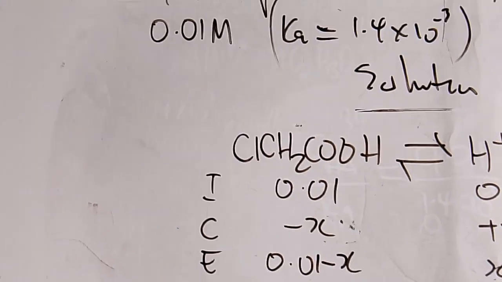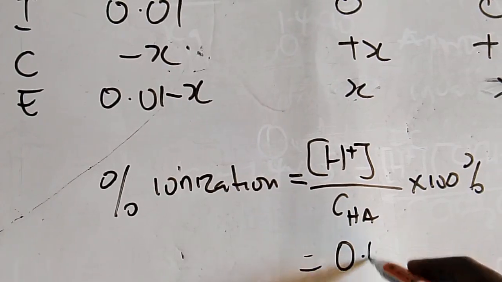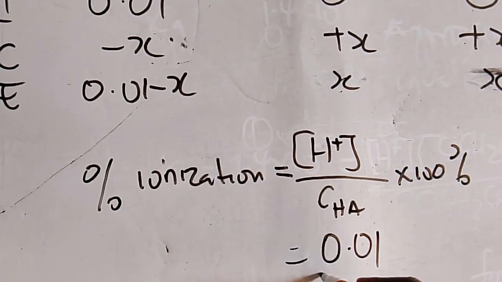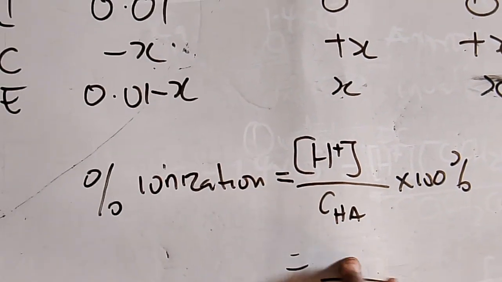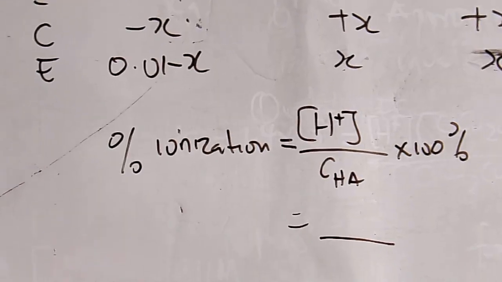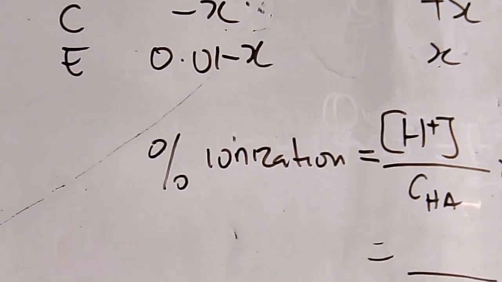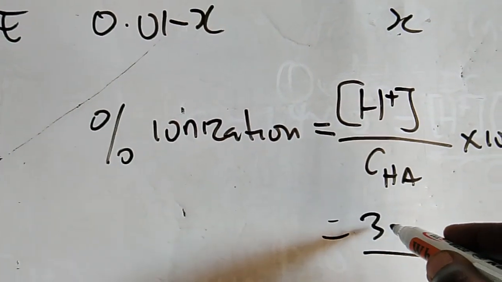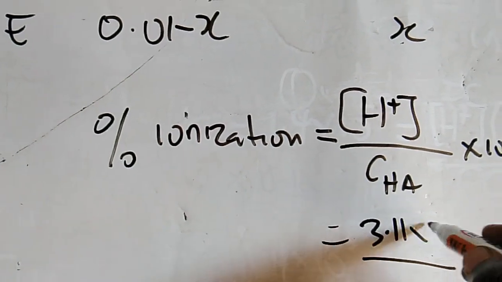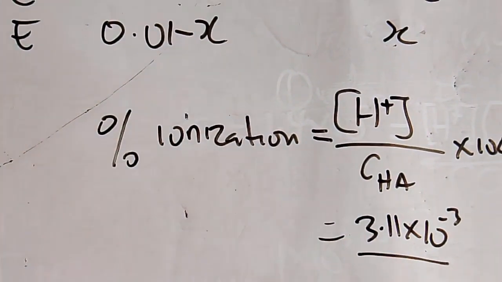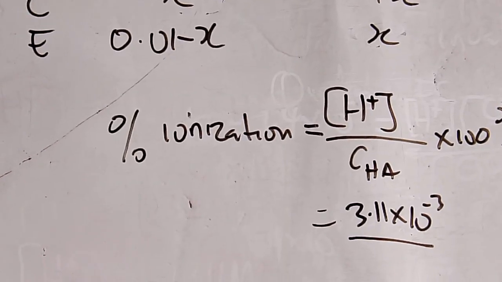The hydrogen ion concentration that we found is 3.11 times 10 to the power negative 3, or 0.00311.